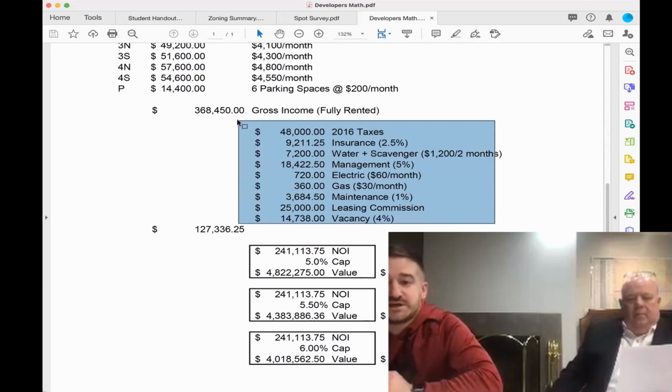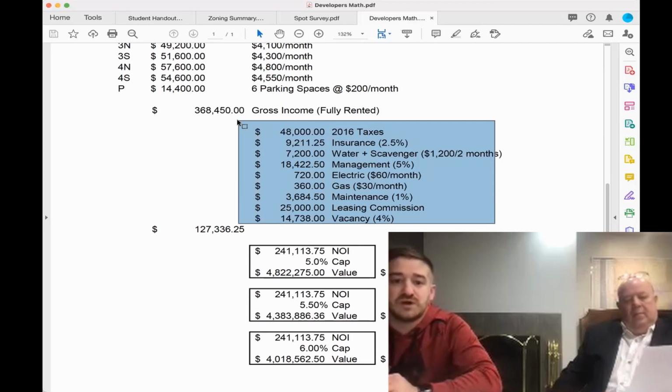He'll have leasing commissions. And then he has a vacancy rate. Vacancy rate, you always want to include because that's how often the property turns over, and that is lost rent. Every month it's not rented, you are losing money. So we just used an estimate of 4% on the conservative side.